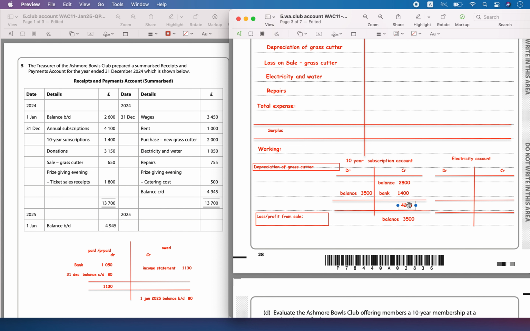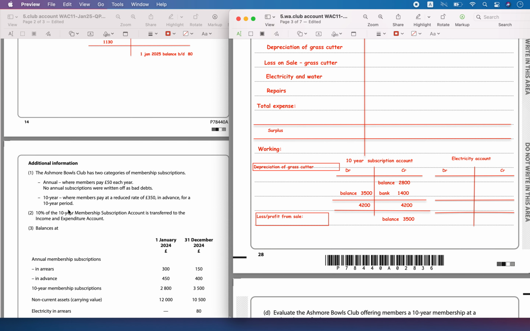But the balance had become 3,500. We don't know how many members took the 10-year subscription, so we have to just use the balances, though they are asked to pay a 10-year period in advance. So 4,200 minus 3,500 is equal to 700. That alone must be transferred to the income statement. So it will be 700.